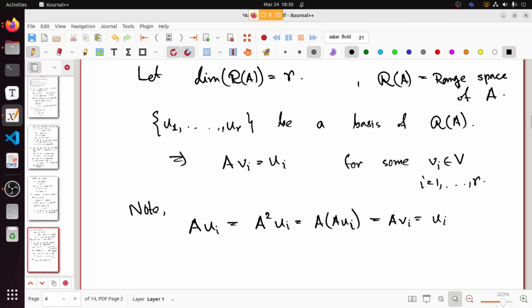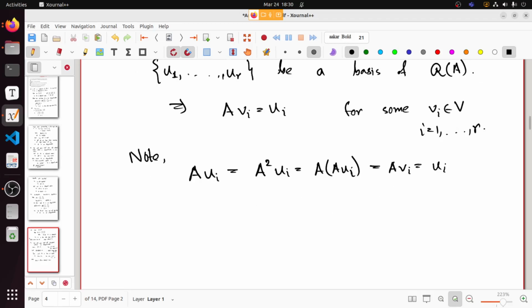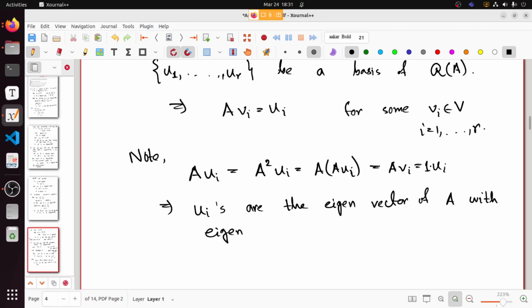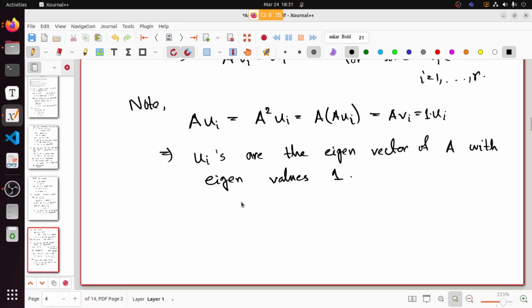So ui is an eigenvector with eigenvalue 1, which implies the ui's are eigenvectors of A with eigenvalue 1.